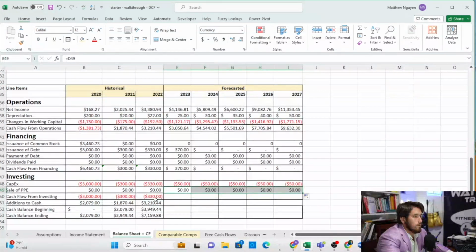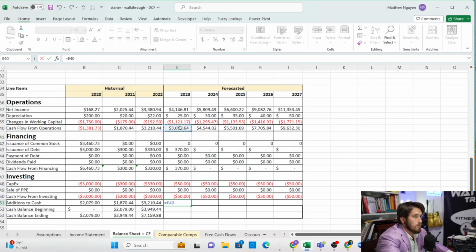All right. And I think that's already built in, so we'll just pull that over, just a sum. So we know our additions to cash is going to be the sum total of all this. So boom, boom, boom. We'll take our beginning balance, which would be last year's ending balance, and we'll do the sum of this and this.